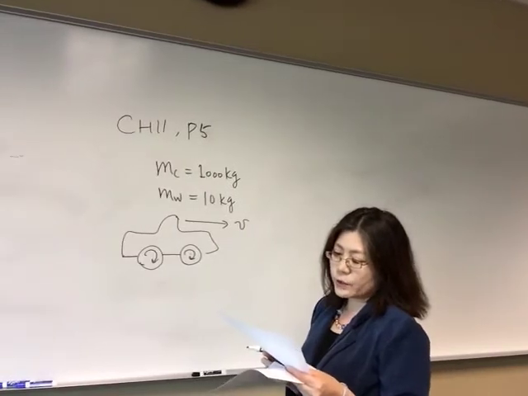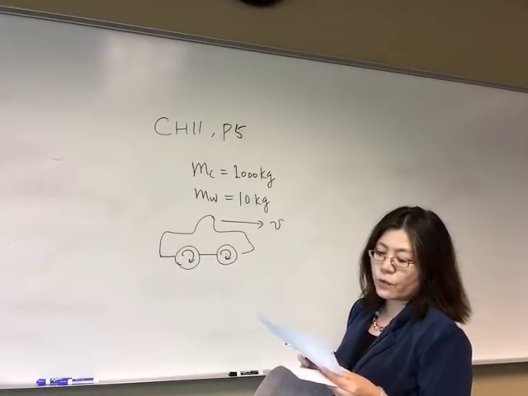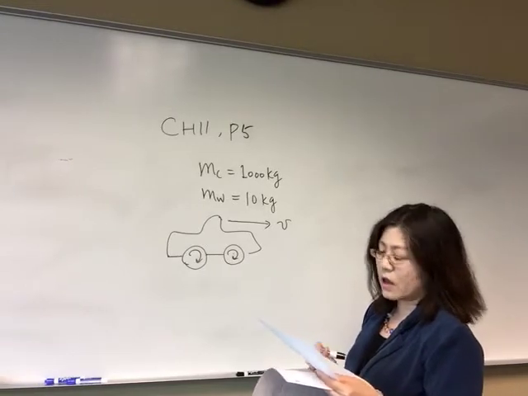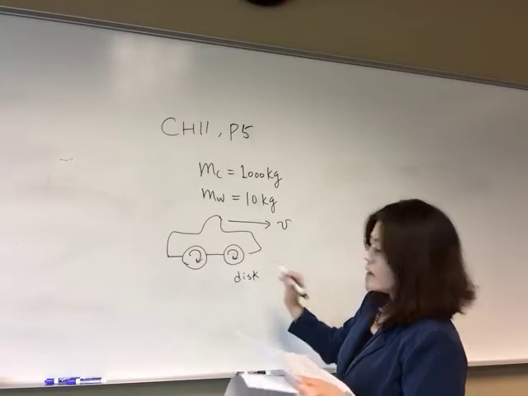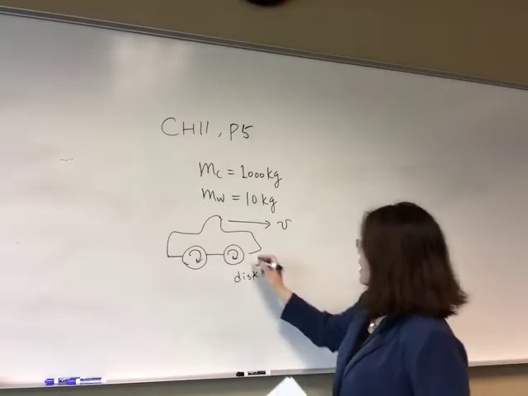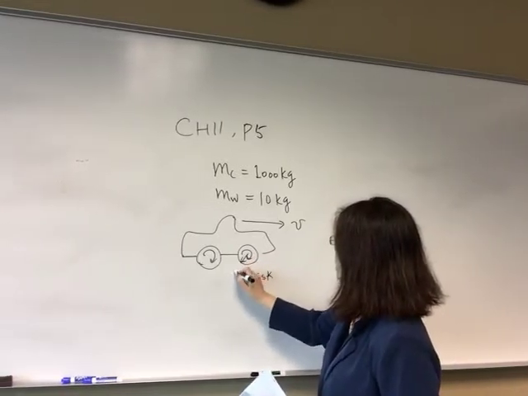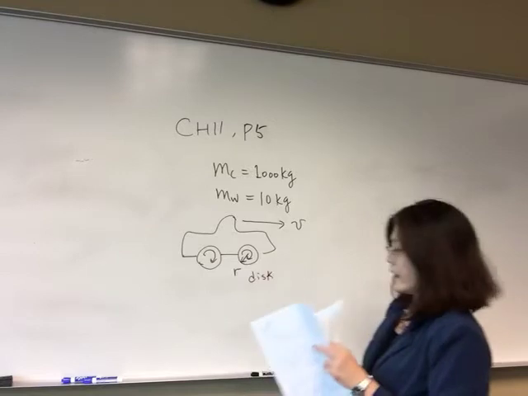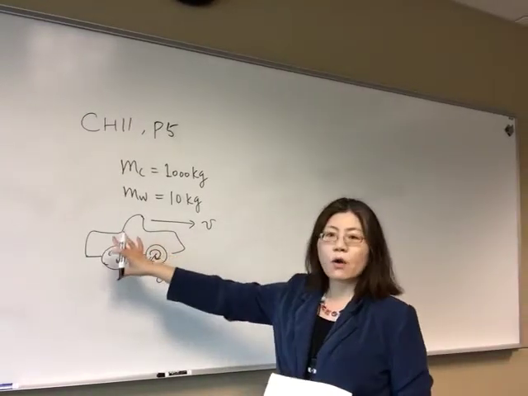Okay. Now assume that the wheels have the same rotational inertia as a uniform disk of the same mass and size. So this is basically treating that as a disk. Let's assume that the radius of this wheel is r, little r here. Okay. So how do we do this kind of problem? Let's say, what is the total energy of the car?